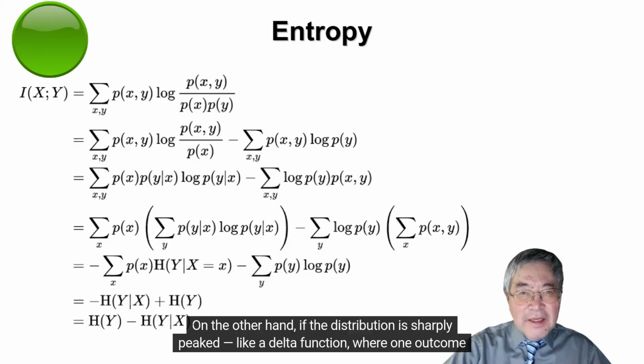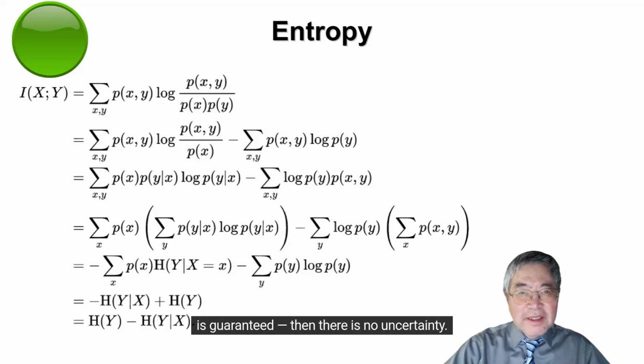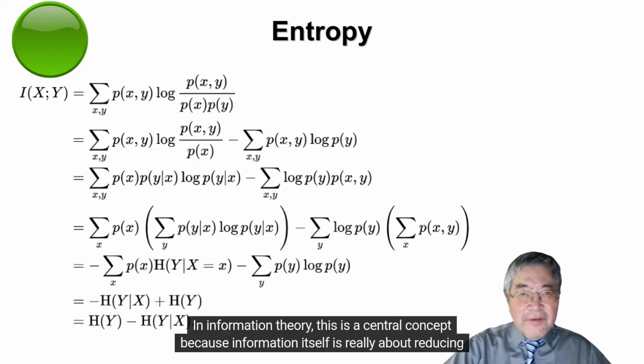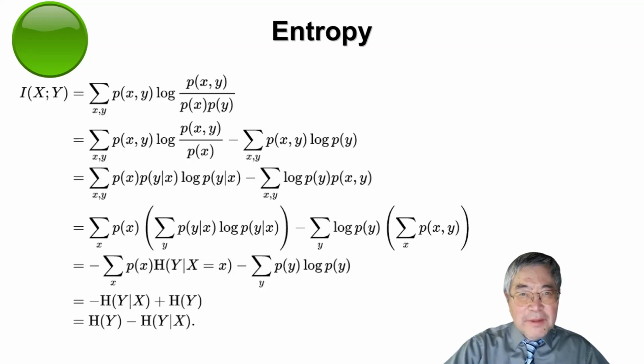On the other hand, if the distribution is sharply peaked, like a delta function where one outcome is guaranteed, then there is no uncertainty. In that case, the entropy is very low, even zero. So entropy tells us how much information or how much unpredictability is contained in a random variable. In information theory, this is a central concept because information itself is really about reducing uncertainty.